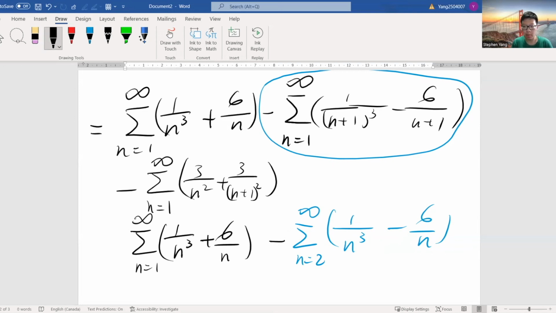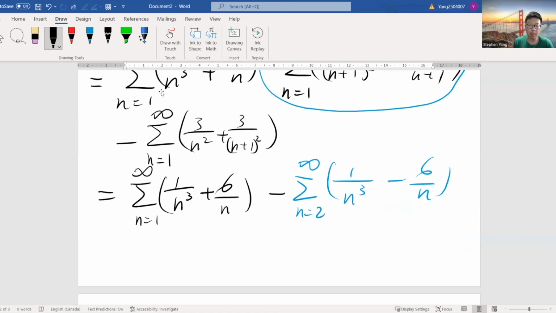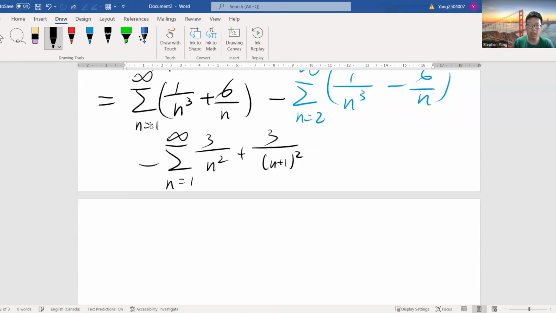So the first two series simplify into 1 over 1 plus 6 over 1.